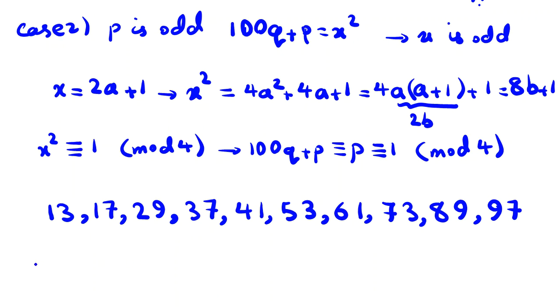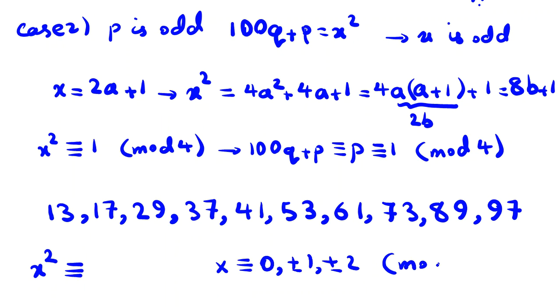Also, if we consider mod 5, as I said, for prime numbers or number theory problems, it's good to consider some mods. So here x can be 0, plus or minus 1, plus or minus 2 mod 5.